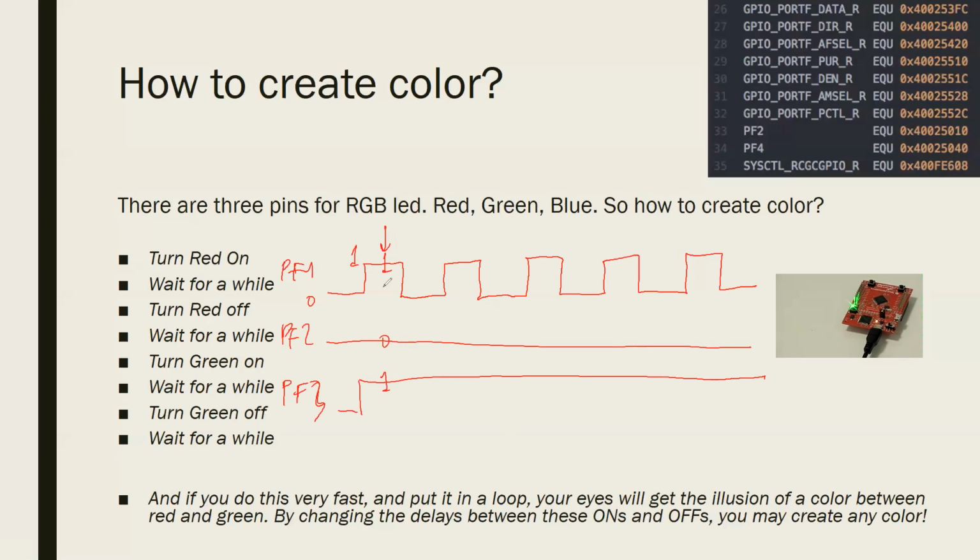At this point, it's going to be yellow, right? At this point, this one is 0, this one is 0, this one is 1. At this point, you are seeing green. Yellow, green, yellow, green. If you do this very fast, it's going to be a color between yellow and green. That's how you obtain the colors in between.